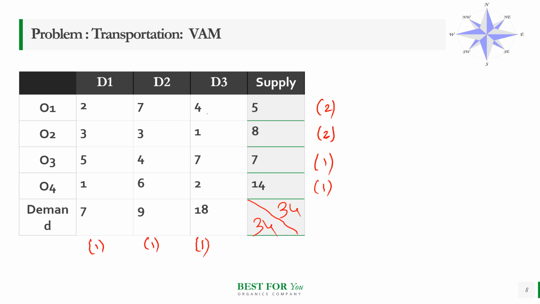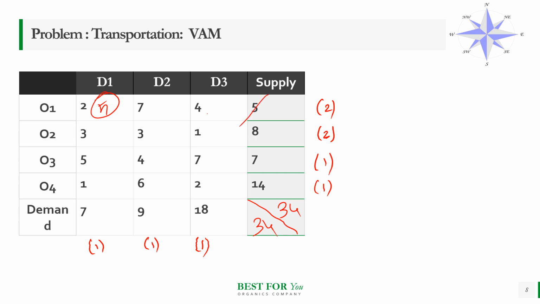After finding the highest difference, you start doing your allocation. We do the allocation in this particular row, where you need to find the least value. The least value is 2, and there we are going to do the allocation. The demand is 7 and the supply is 5, so we are going to allocate 5.